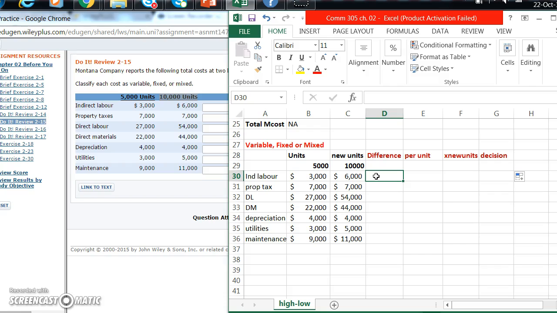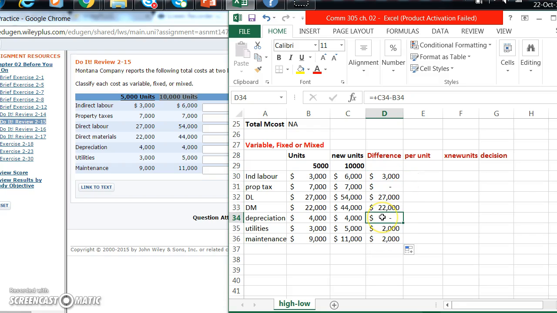In order to classify the costs, let's see if they varied by increasing the level of production. To do that, we take the high level of production minus the low level of production. High minus low, and we get this difference.